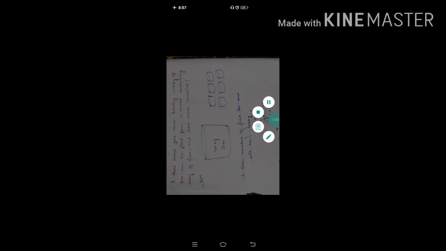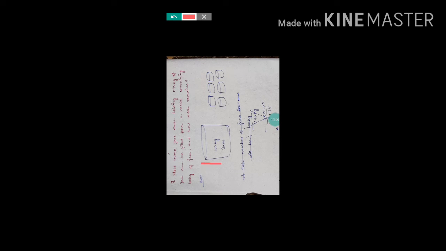So from this big jar you have to shift the jam to small vessels. While converting this jam, how many small containers are required?